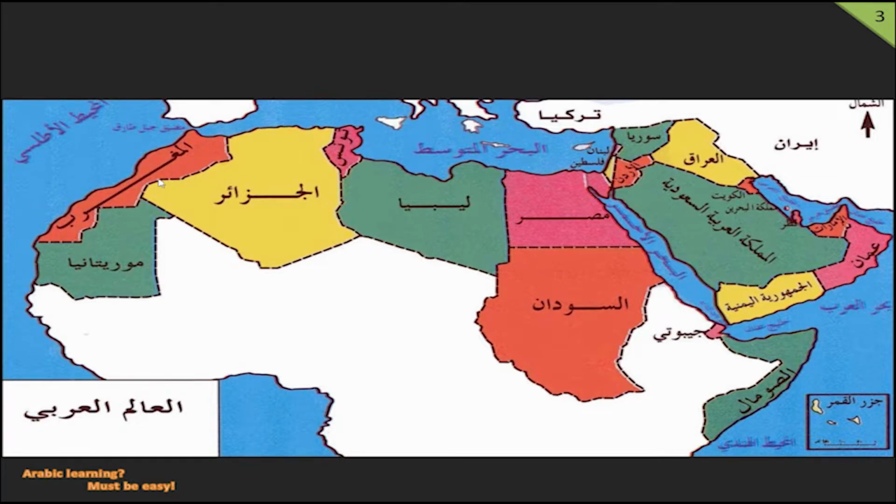Morocco, Al-Maghrib. Mauritania, it's the same. There are also countries where the people actually speak Arabic, but the countries themselves don't belong to the Arab League, such as Chad or Ethiopia.